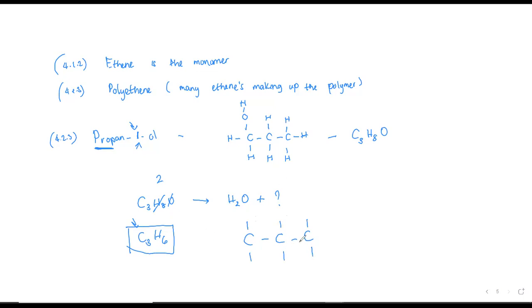So what's happening over here? We know that each carbon atom is supposed to have 4 bonds surrounding it. We have 1 hydrogen here, 1, 2, 3, 4, 5, 6.